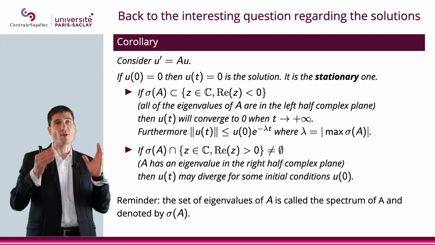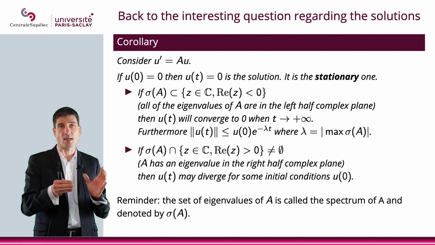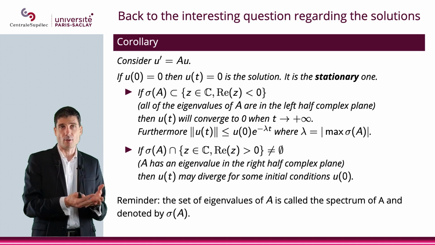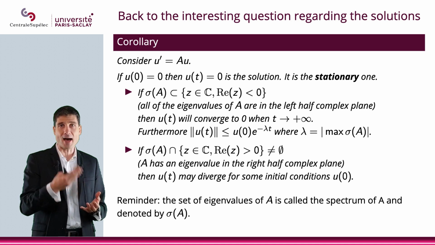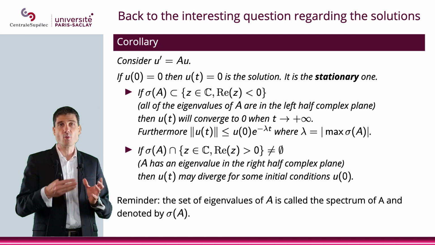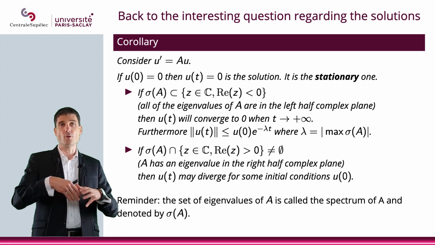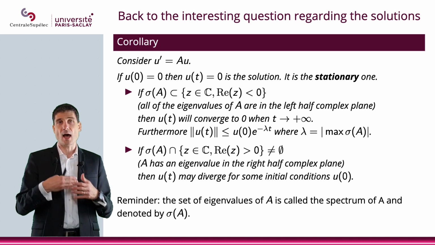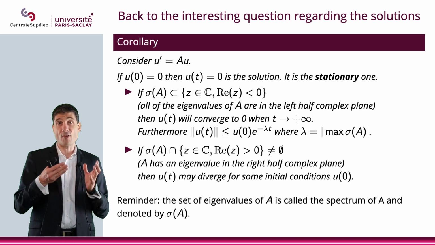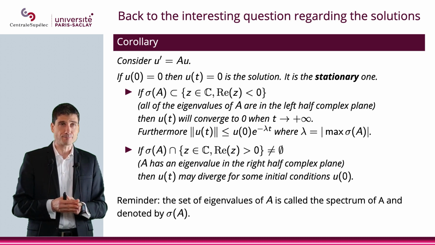And by the way, we can even bound the norm of u of t by the norm of u of 0 times the exponential of minus lambda t, where lambda is the largest eigenvalue of A in absolute value.